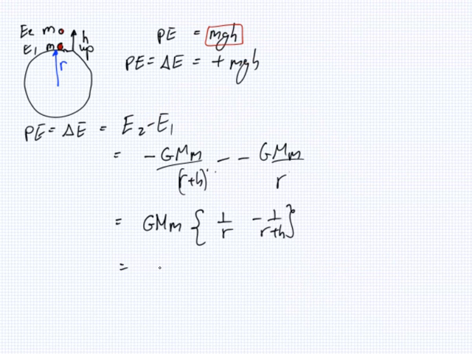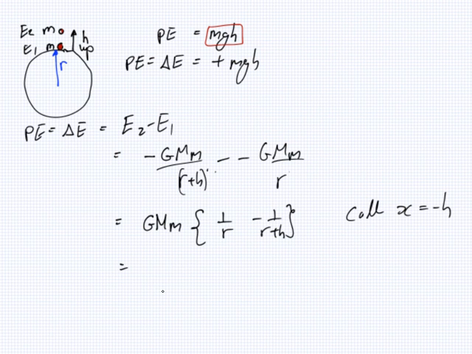Okay, now, this r plus h and r, I need to kind of clean this up a little bit. I'm going to call h equal to minus x. Or rather, if you prefer, I'm going to say x equals minus h.